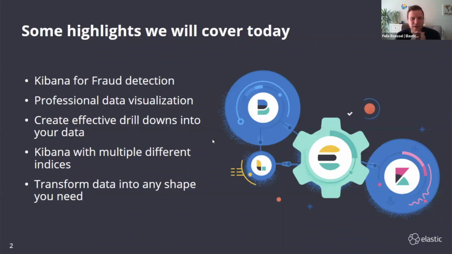We will also see how to visualize data professionally and how to create different drill downs into the data in Kibana, which is really helpful to dive from a high level overview into the real raw details of your data. And of course we will also have a look into different machine learning techniques and different visualization techniques in Kibana. So we will use many different machine learning jobs and also graph visualizations in Kibana.